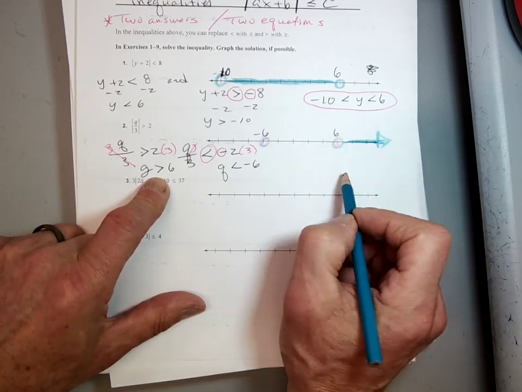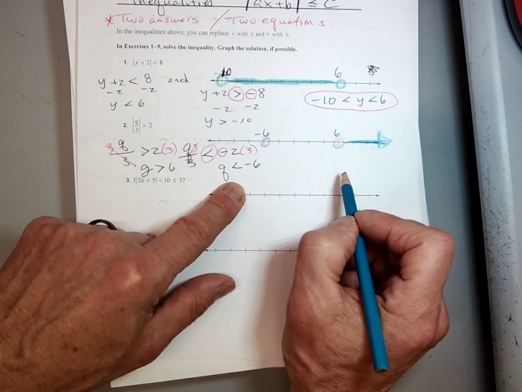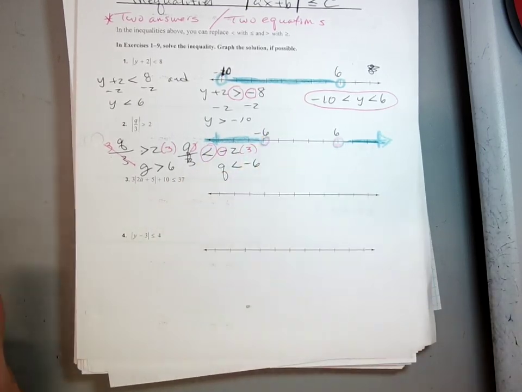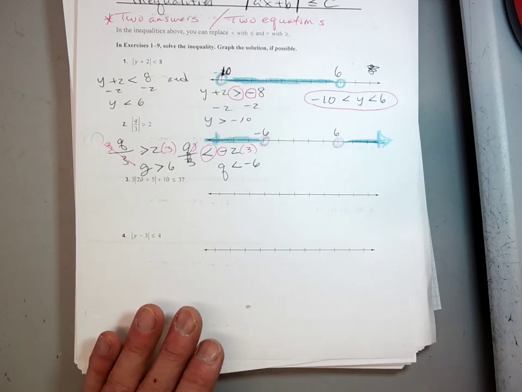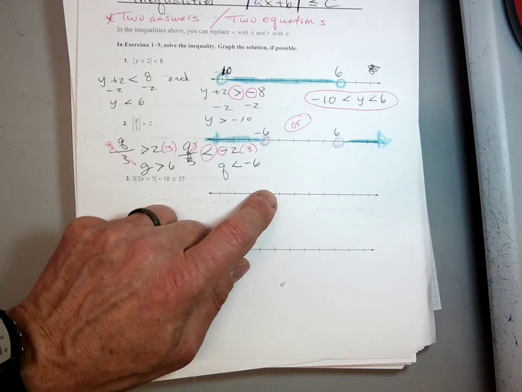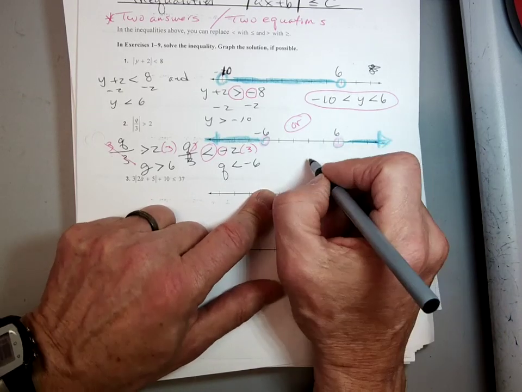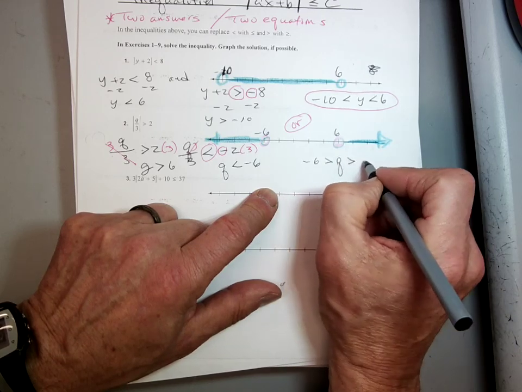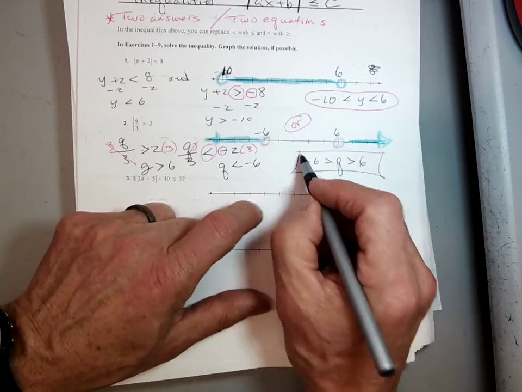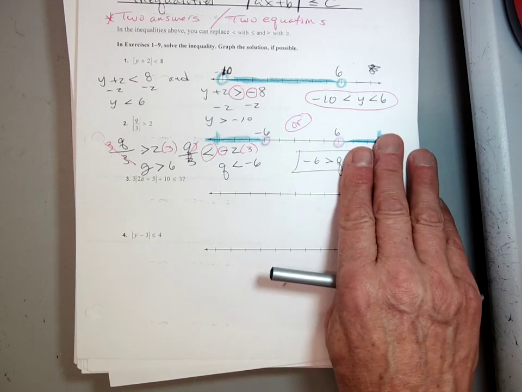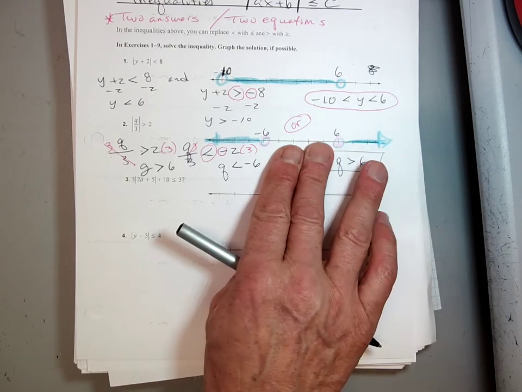And this says less than negative 6, which is all of these values. Okay, so this is an OR statement. Definitely an OR statement. So I'm going to rewrite it as a compound inequality where I'll go negative 6 greater than q, which is greater than 6. Okay, that's the answer I like the best, as a compound inequality. And if I read it backwards, it really does say q is less than negative 6, q is greater than 6.